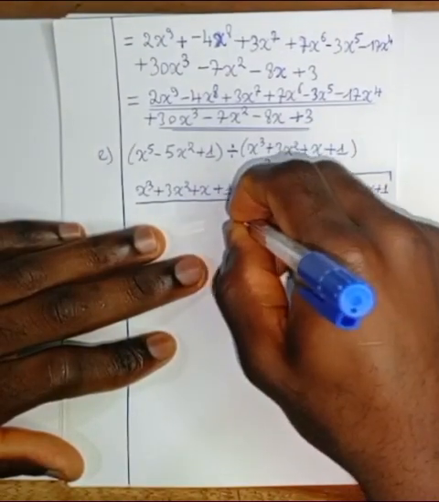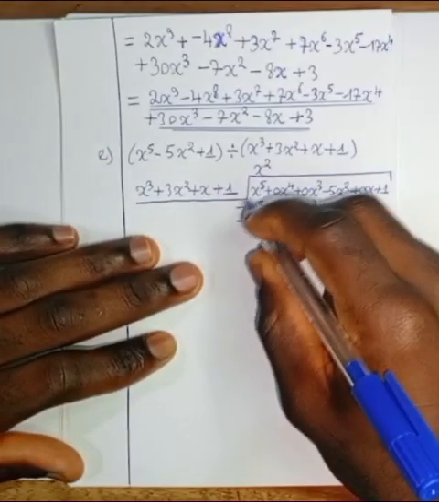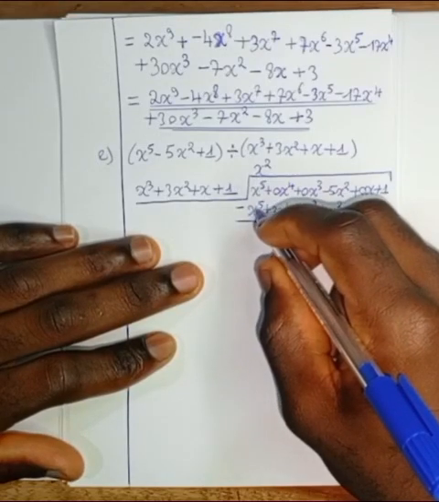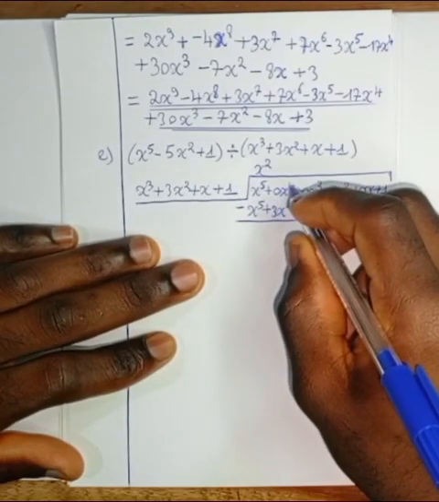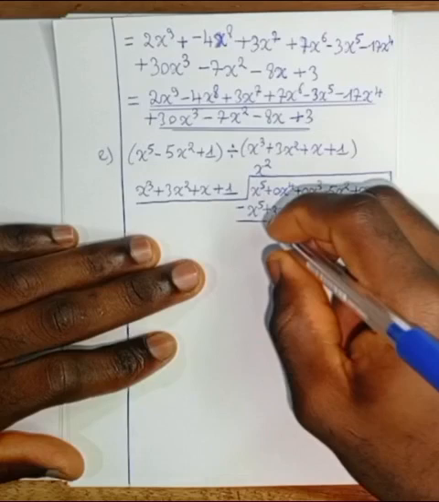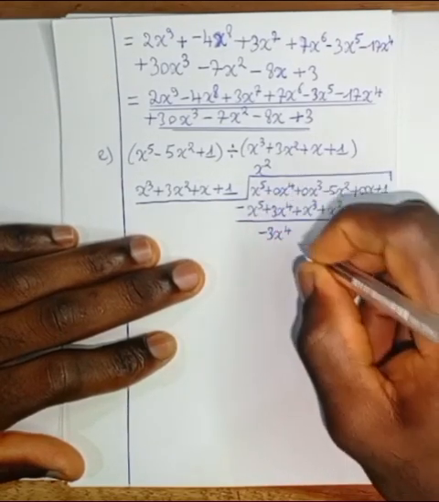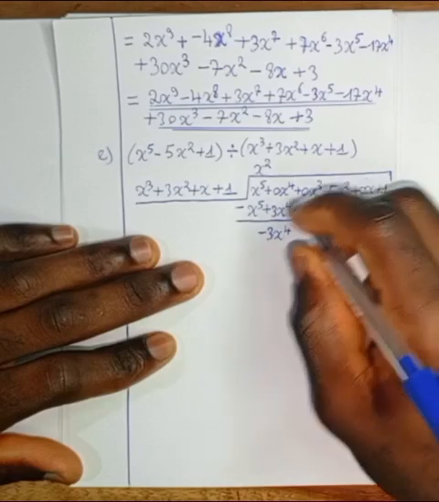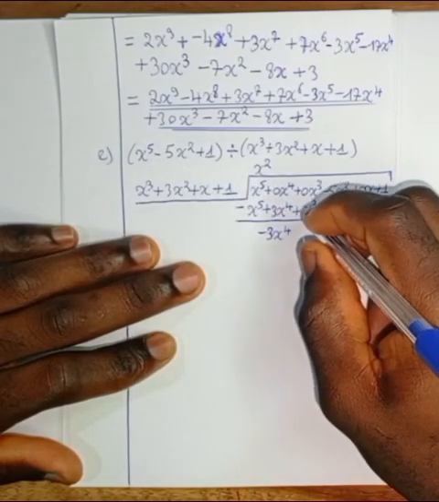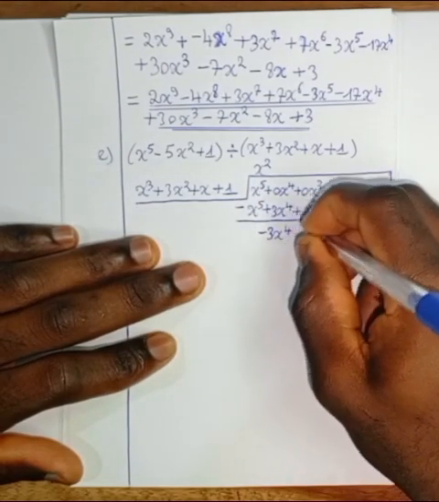We subtract: x to the power 5 minus x to the power 5 gives 0. 0x to the power 4 minus 3x to the power 4 gives us negative 3x to the power 4. 0x cubed minus x cubed gives us negative x cubed.